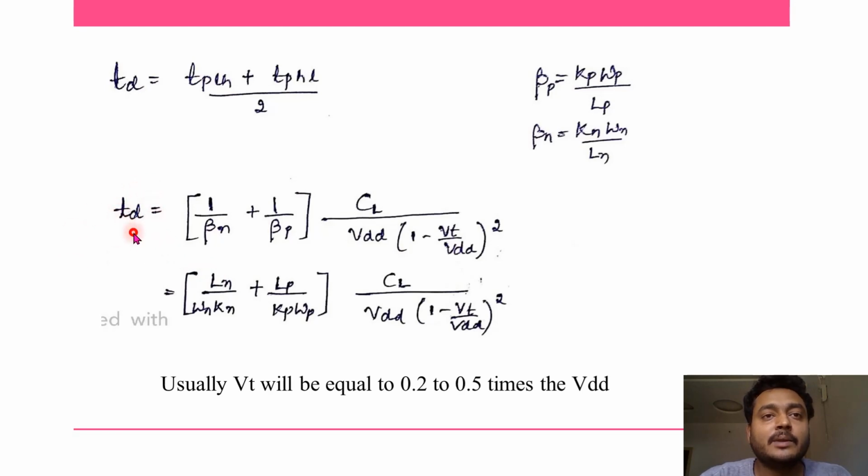And here we have W in the denominator, that is TD is inversely proportional to Wn. So if you increase the width of the transistor, the delay will reduce. Increasing the width reduces the delay, increasing the length increases the delay.